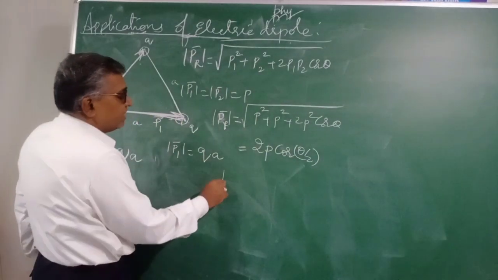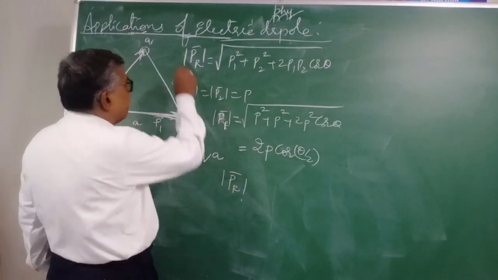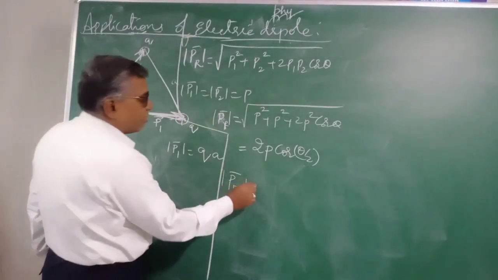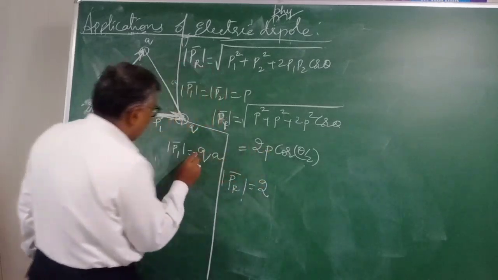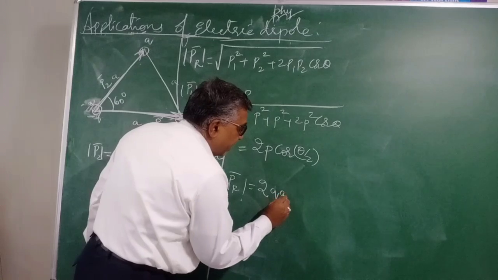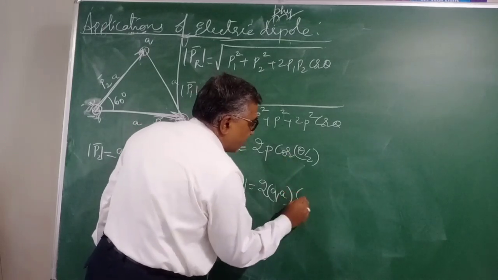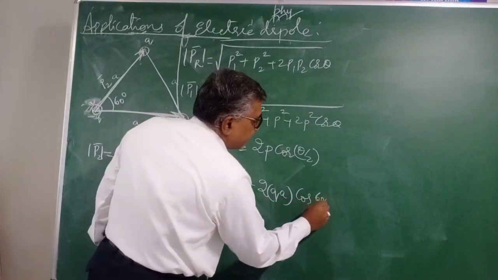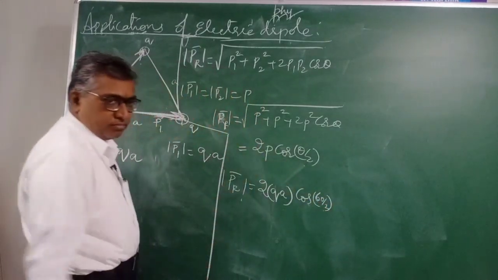So therefore, the resultant dipole moment of this combination is equal to 2P, either any one of the dipoles, so qa, times cos of half the angle between the dipoles, which is 60 by 2.